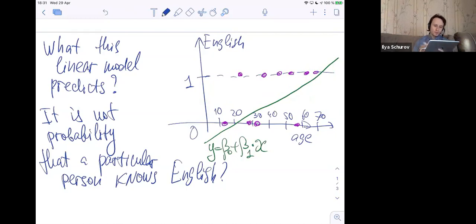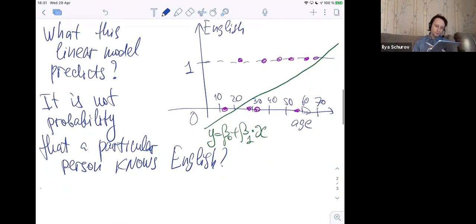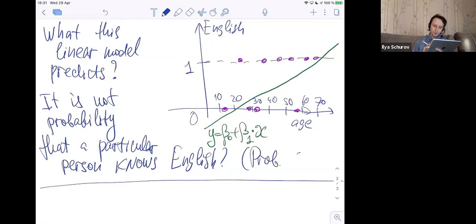So how to make a model? This is because probability cannot be negative, for example.